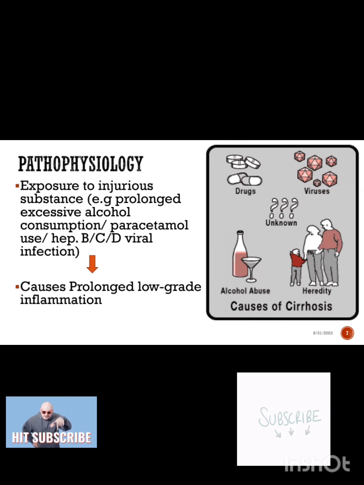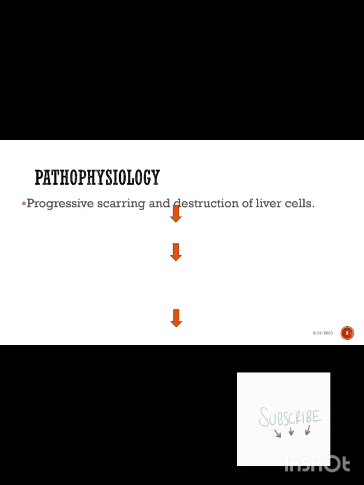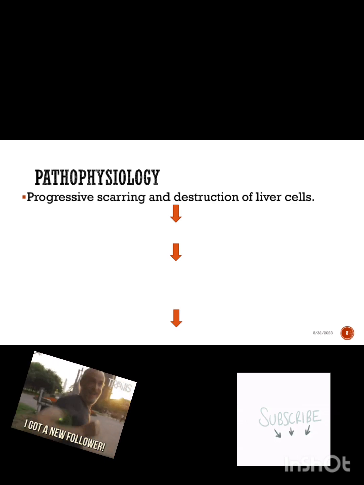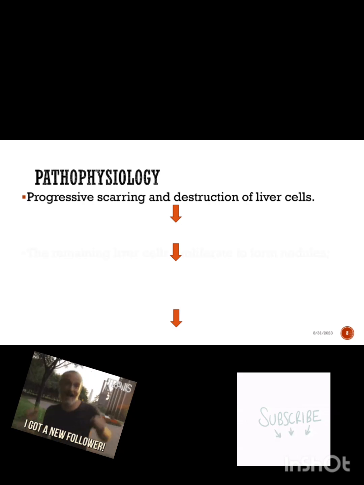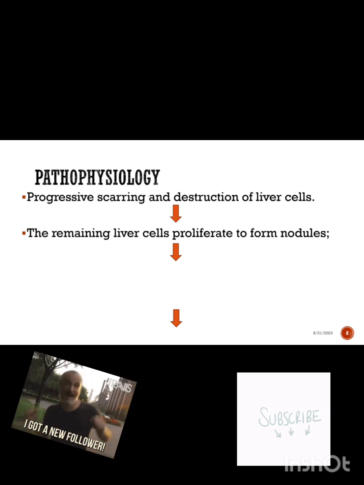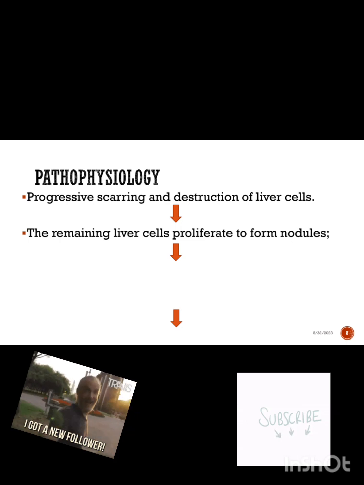So you have an inflammation that is low grade, and then you have progressive scarring and destruction of the liver cells, which will also lead to the remaining liver cells proliferating to form nodules. So you find that part of the liver is okay, then the other part maybe is scarred.